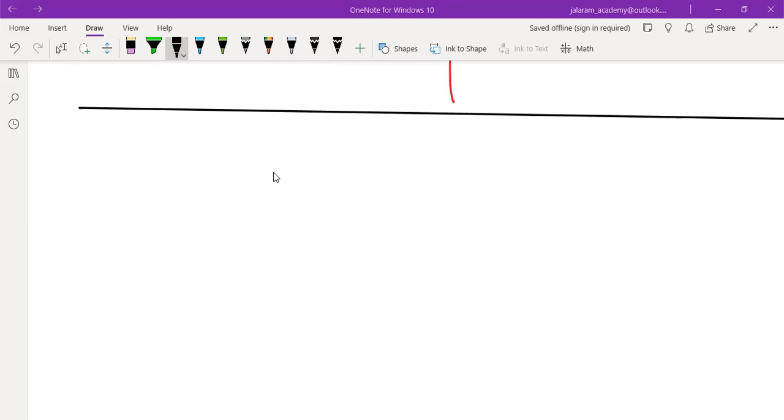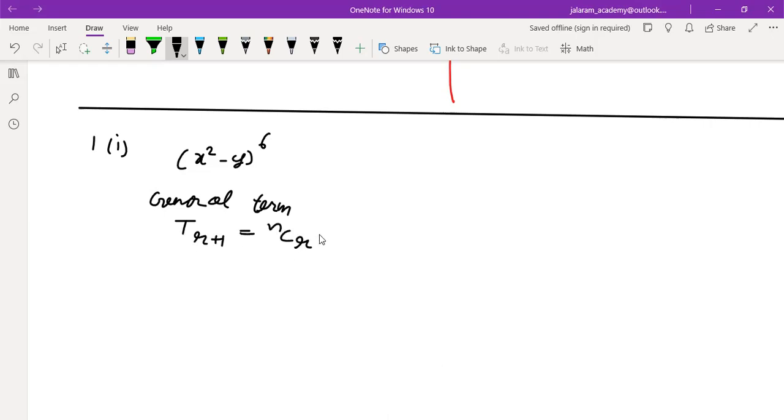So now we will use this formula of the (r+1)th term to find the general term in the expansion of (x² - y)^6. Now, the formula for the general term is what? T(r+1) equals nCr into x^(n-r) into a^r.